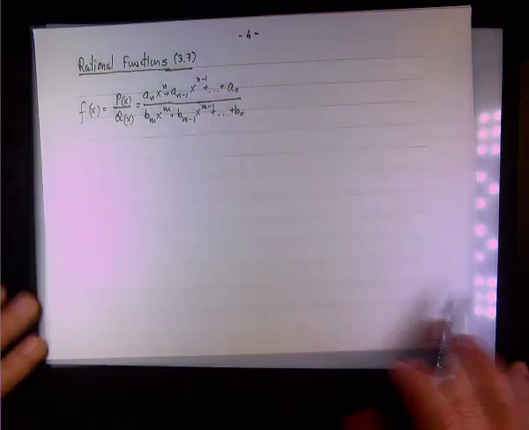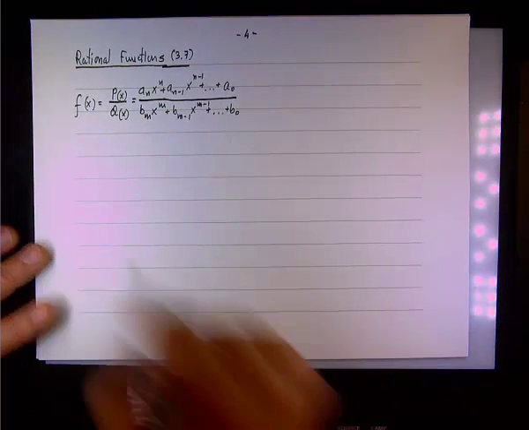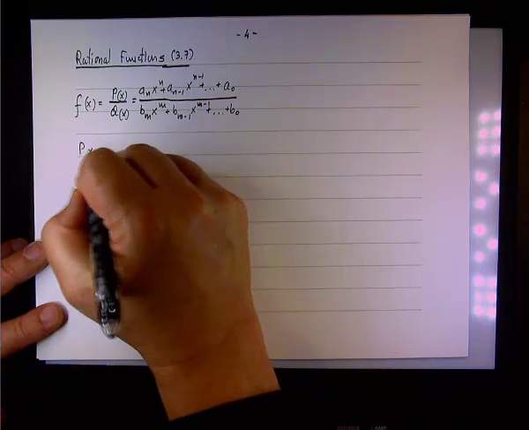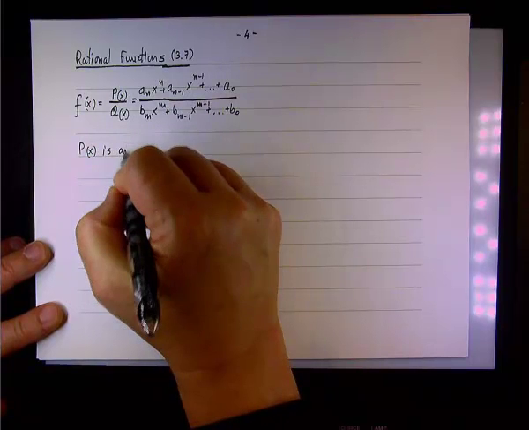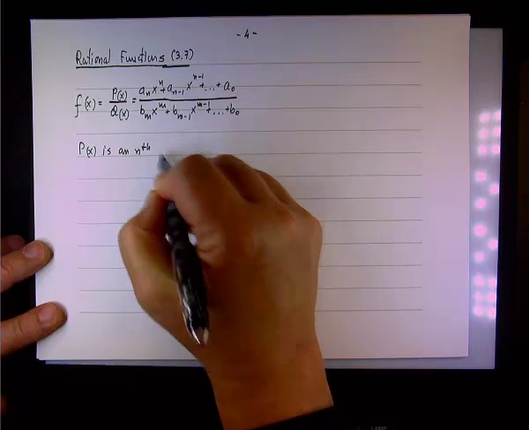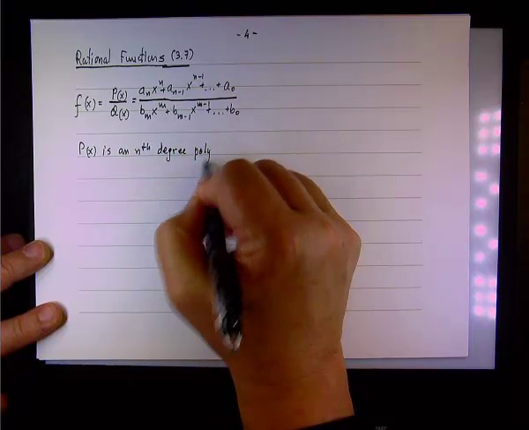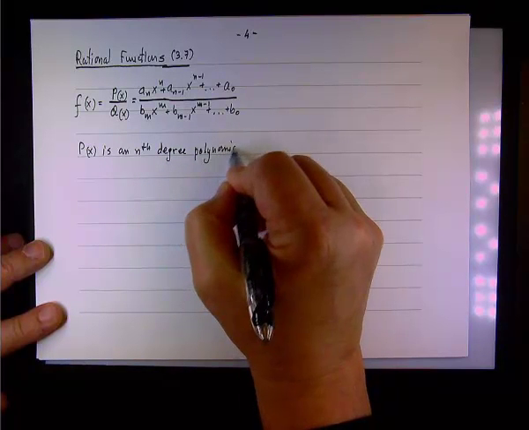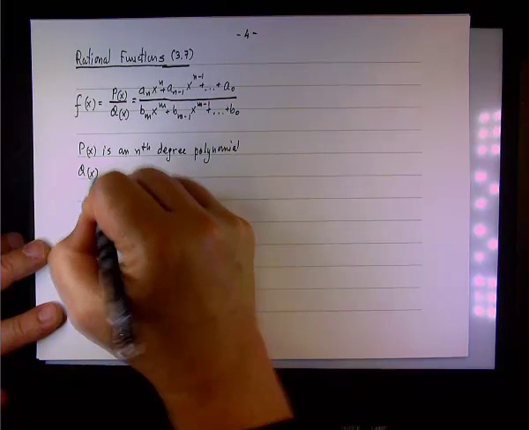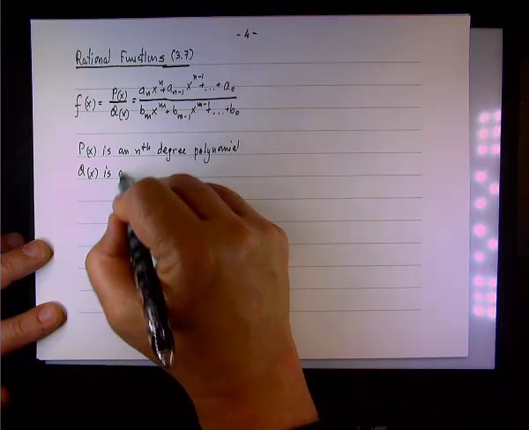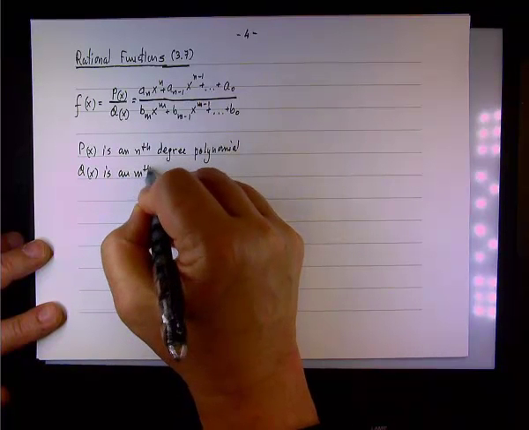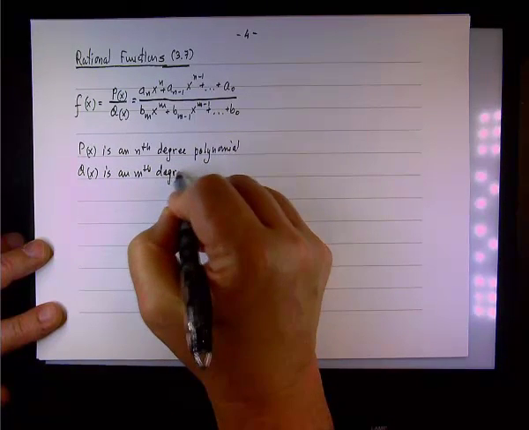So we have P of x is an nth degree polynomial, and Q of x is an mth degree polynomial.